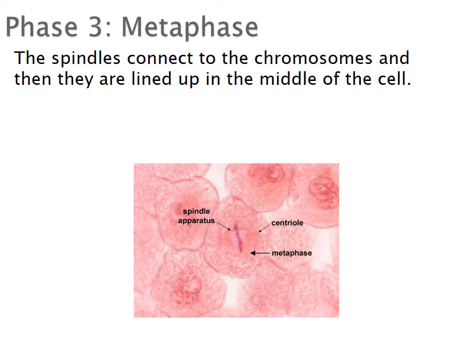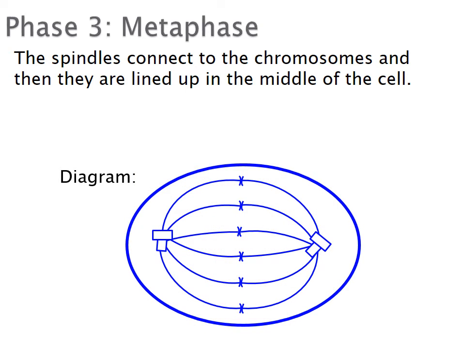Phase 3, metaphase. The spindles connect to the chromosomes and then they are lined up in the middle of the cell. They've been lined up in the middle because in the end, they have to have a copy of each chromosome. So they're carefully lined up in the middle to make sure that each nucleus that will eventually form will have every copy of the DNA.